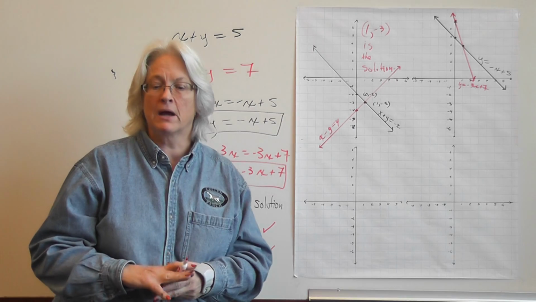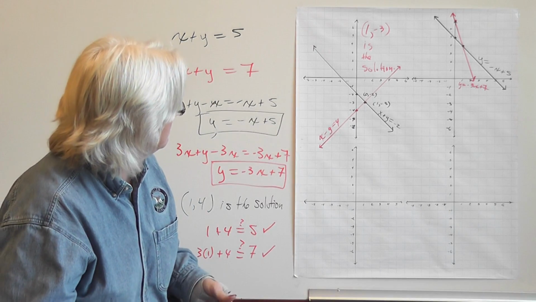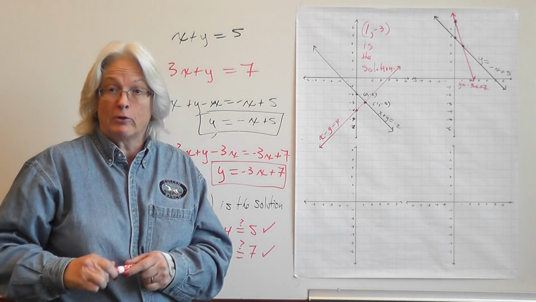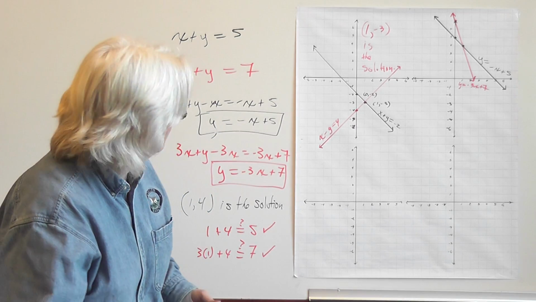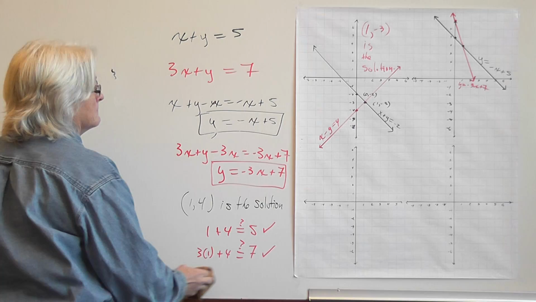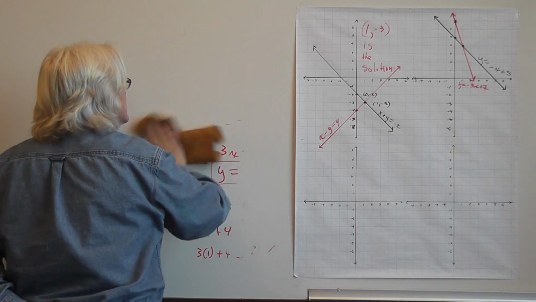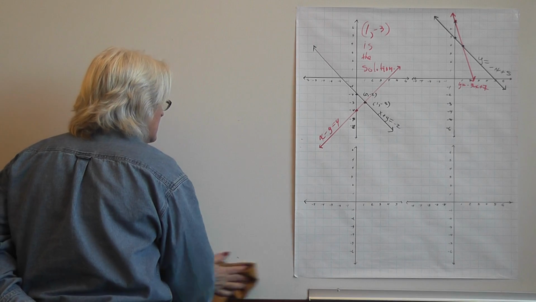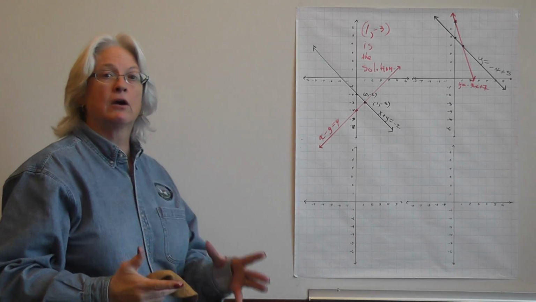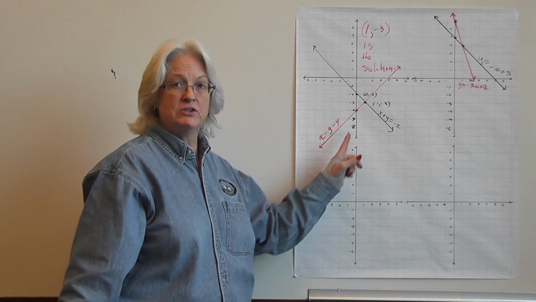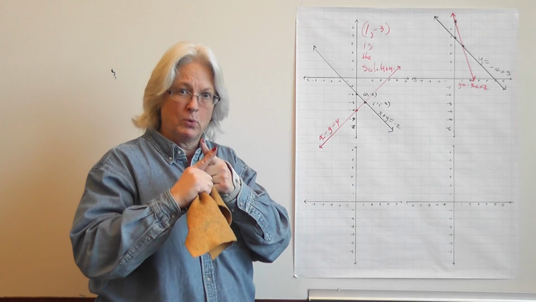Now, let's step back and think. Is this going to be a method that works a lot? A little bit? Half the time? What do you think? Well, did you notice that these equations were very carefully constructed to make sure that these two lines intersected at an exact point?